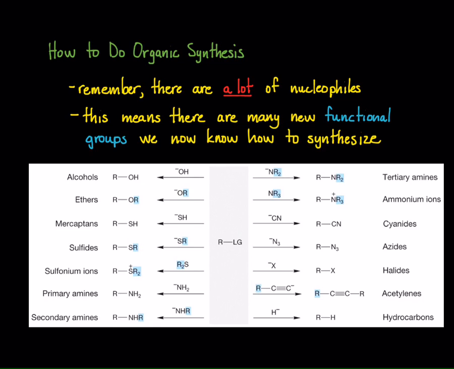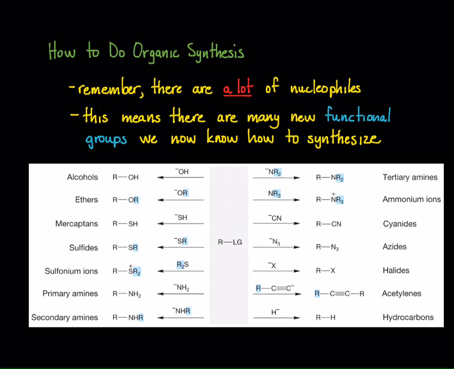Alkoxides, OR minus, give you ethers. Mercaptide, SH minus, gives you mercaptans or thiols. SR minus, alkyl thiolates, are also good nucleophiles, and when they react with a substrate with a leaving group, you get sulfides.